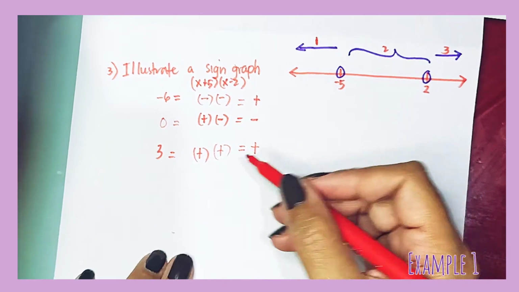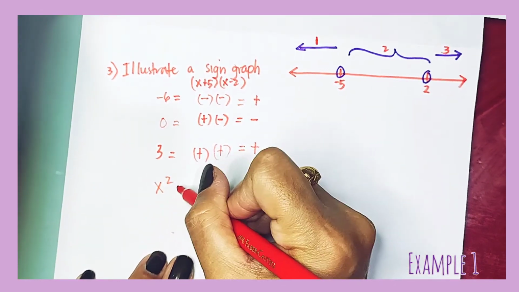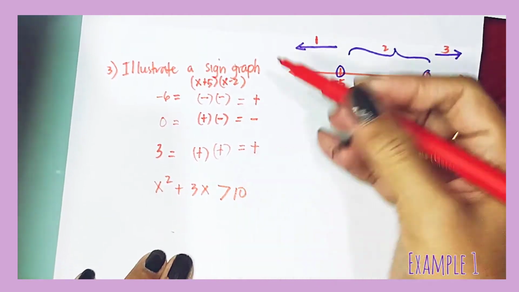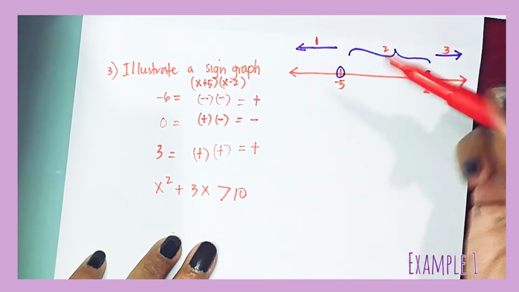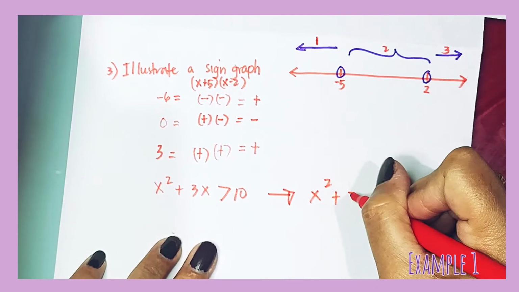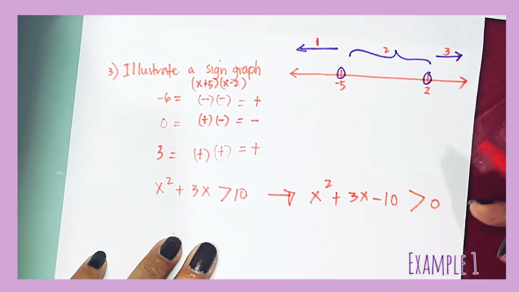Now take note that our inequality is x squared plus 3x minus 10 greater than 0. Which region satisfies the condition of x squared plus 3x minus 10 greater than zero?